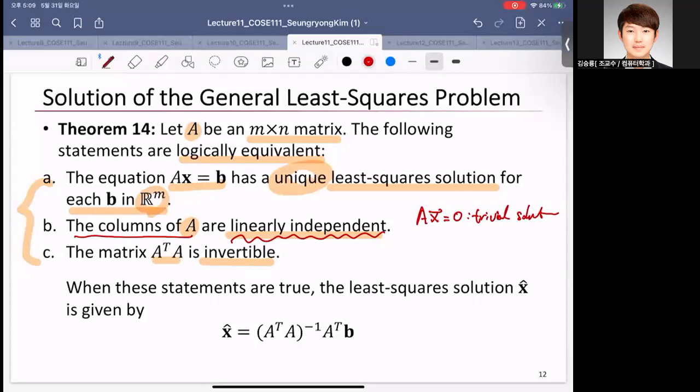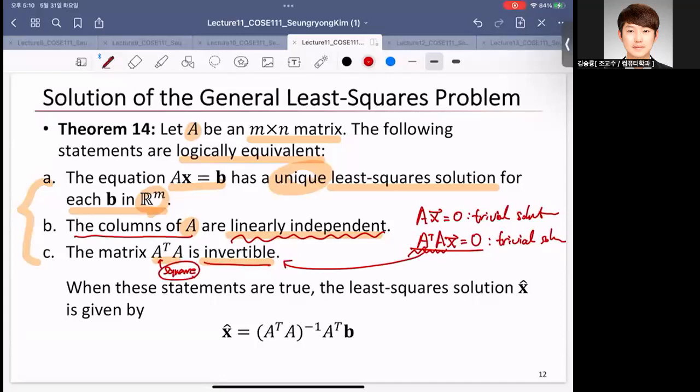Then by multiplying A transpose on the left-hand side and right-hand side, A transpose A x equals 0 is another matrix equation. In this case, this one still has the trivial solution. It means that A transpose A is an invertible matrix because A transpose A is square.